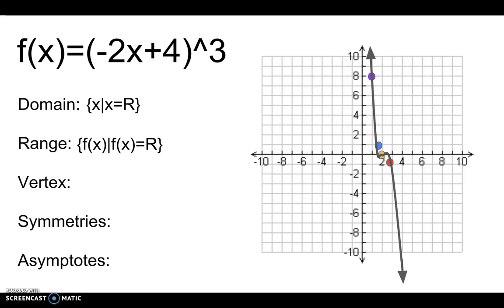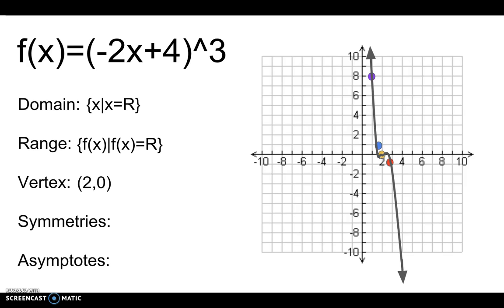So we know that 2 times negative 2 is negative 4, and negative 4 plus 4 is 0, and then 0 to the third power is still 0, so we get 2, 0. As you can see here, it's right in the middle of where our curve goes up and where it goes down. So that kind of helps us in that matter anyway.